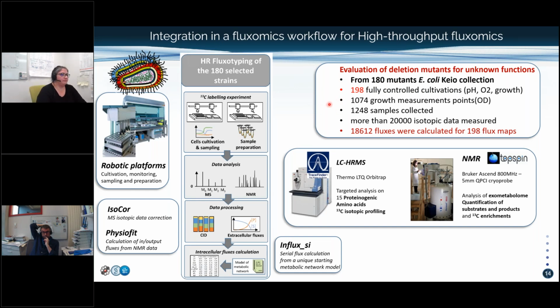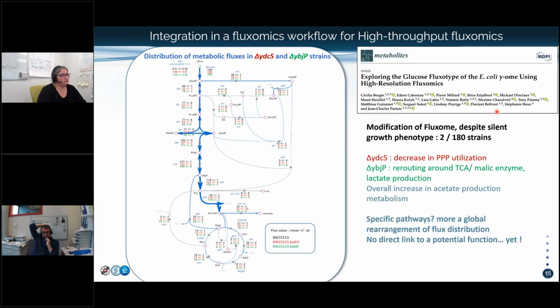And so we did, in a few months, not far from 200 cultivations and flux maps. And in the end, we got a huge amount of data from NMR and MS that were exploited to make those flux analyses.